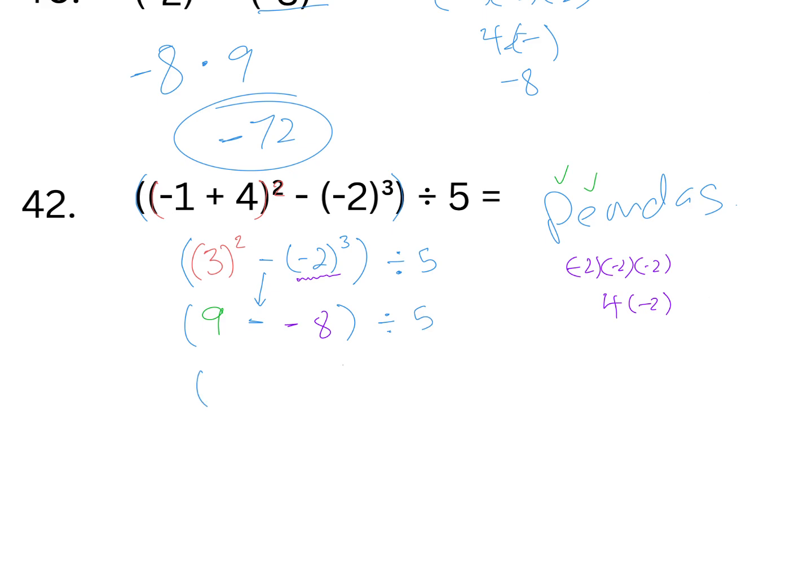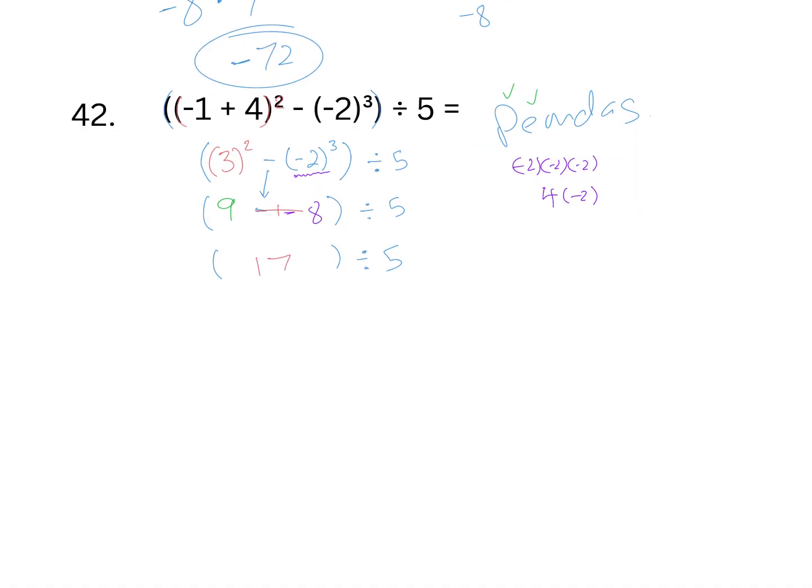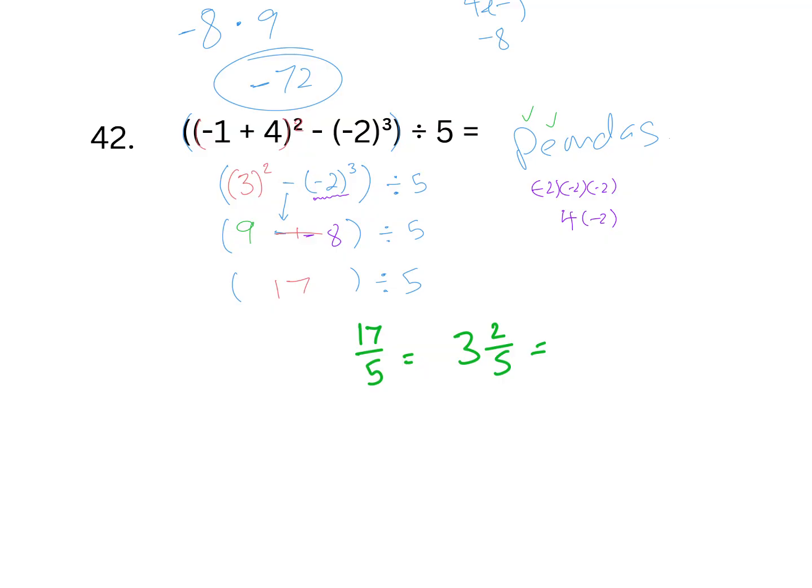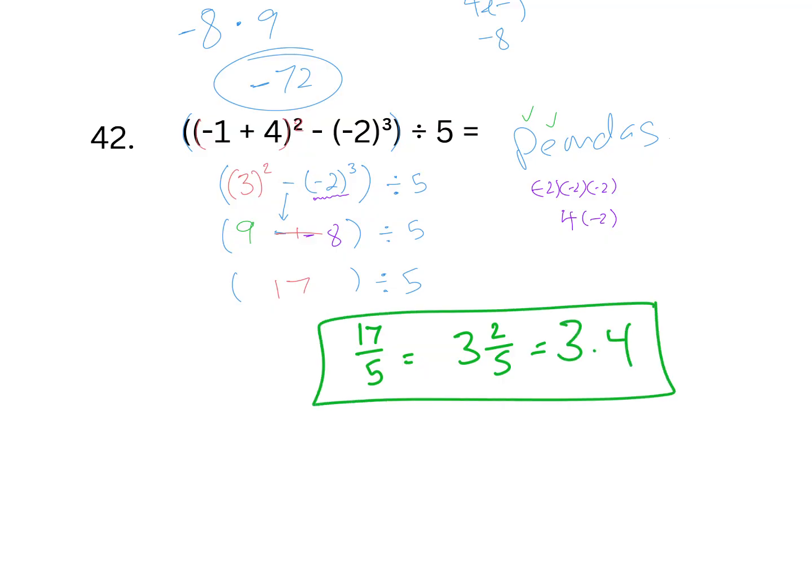And then inside our parentheses, we have 9 minus -8. That's 9 plus 8. So we have 17 divided by 5. And now we have reached our second and final ugly looking answer. 17 over 5, which could also be 3 2/5, which could be 3.4. Any of those are acceptable.